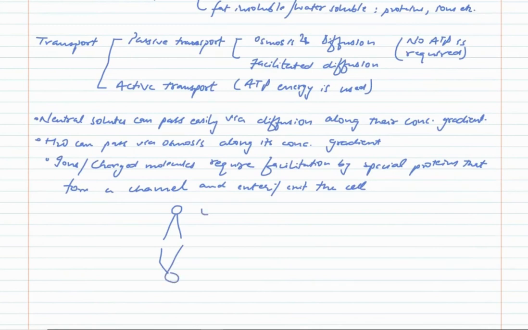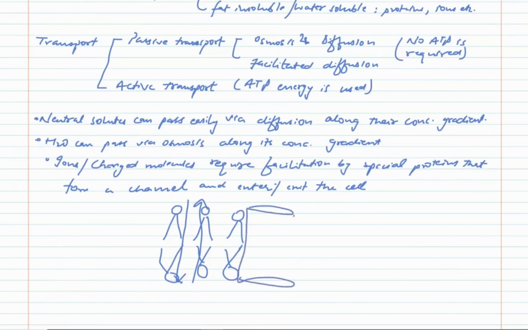So if this is the structure of plasma membrane, substances such as water and other neutral solutes can easily move in and out through spaces between the phospholipids.